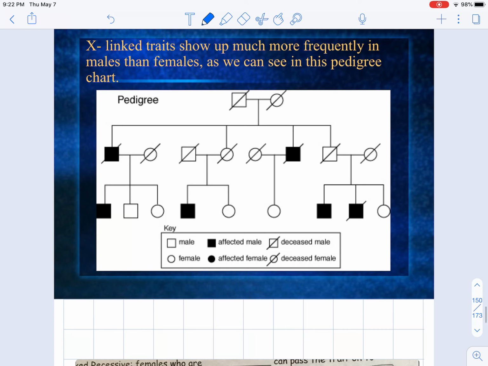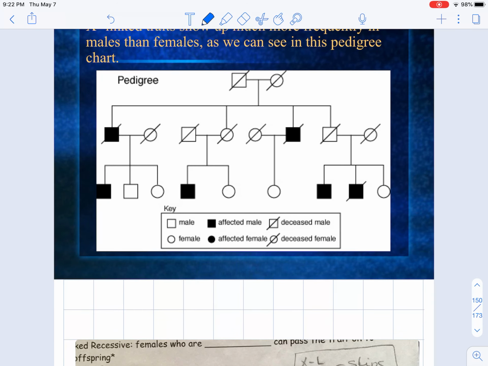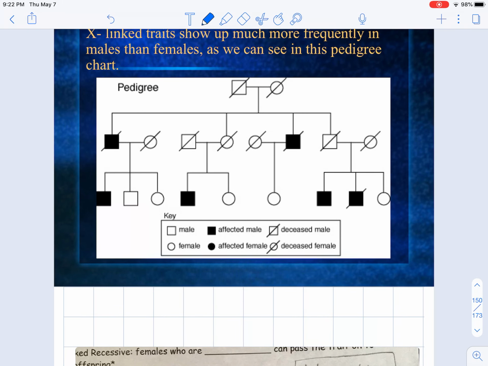And we can check out this one. You guys can try this one out and see the slashes, remember, just for previous generations that are deceased. But in this one, if we were analyzing this, we see the skip here of this generation, so we know it's some kind of recessive. We check it all out, it's all boys, so we're going to guess that it's sex-linked recessive in its mode of inheritance.